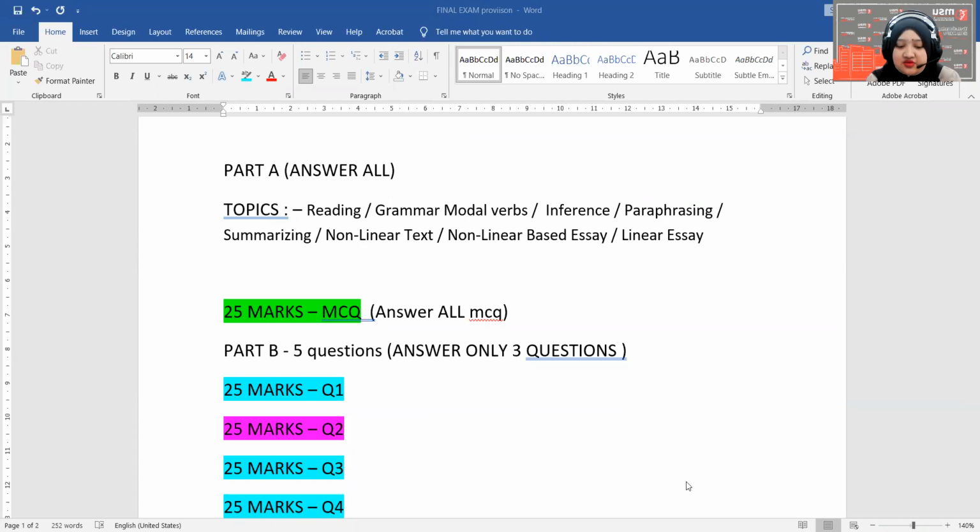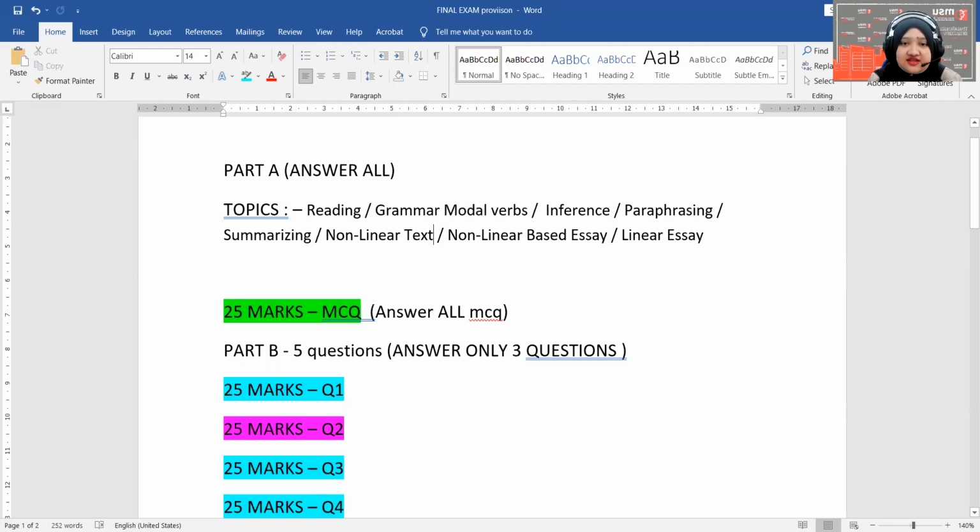For part A, there will be multiple choice questions. There are 25 questions all in all, which cover the topics from the beginning of the semester. We begin with the reading topic, followed by modal verbs, that's for grammar, inference making in sentences as well as reading passages, paraphrasing, rewriting of a sentence, summarizing a passage, and then information transfer through non-linear text, and then non-linear based essay.